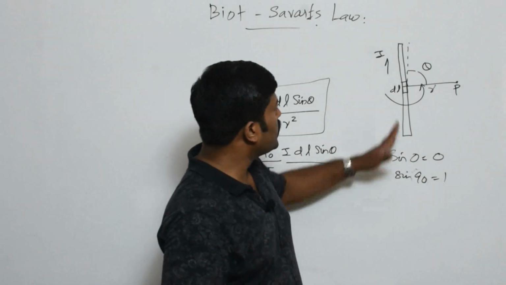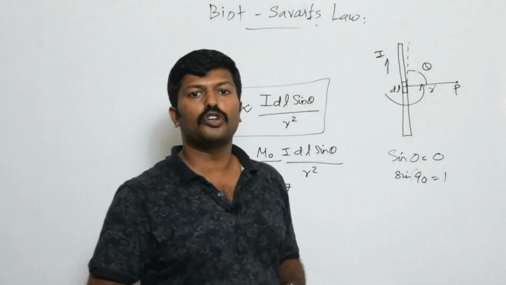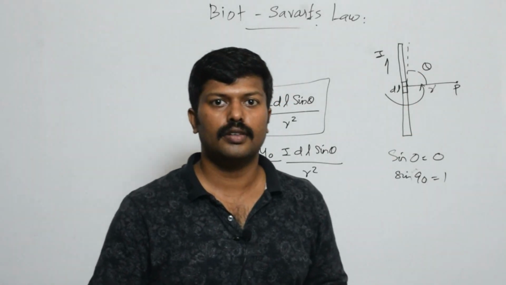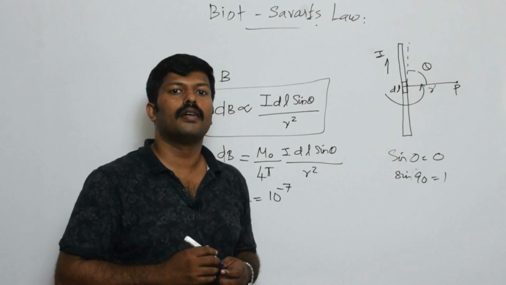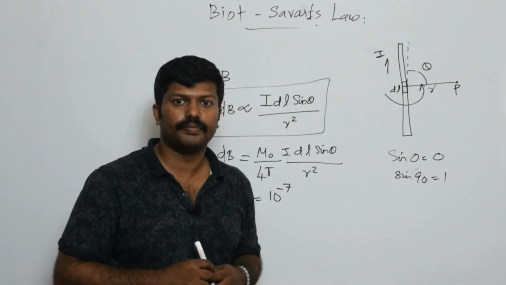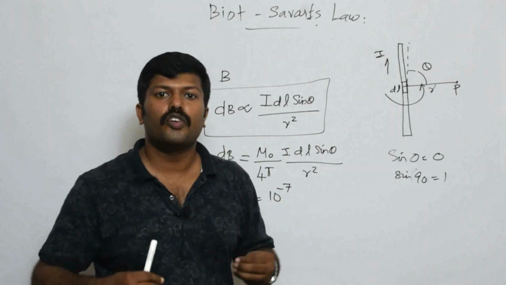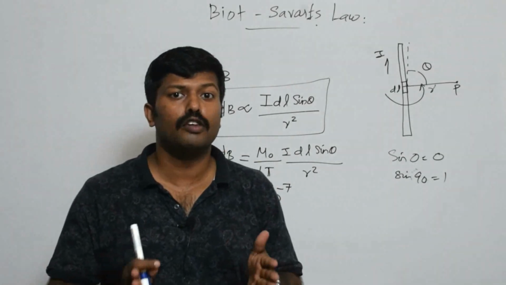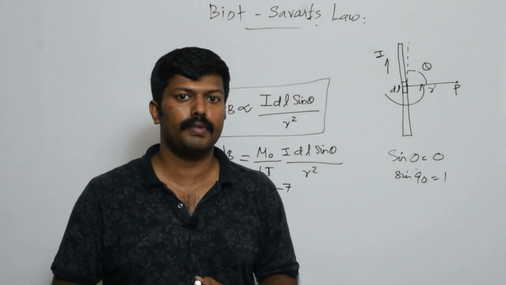We get the maximum when the point of consideration is perpendicular to the current element. So only in perpendicular cases we get the maximum value of magnetic field. So this is Biot-Savart's law, which is simply used to find out the magnetic field of a current carrying element.